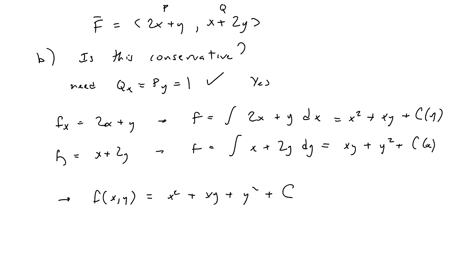Okay, so now if I want to get this, then all I have to do is get this potential function, which we just did, and all I care about is the two endpoints.